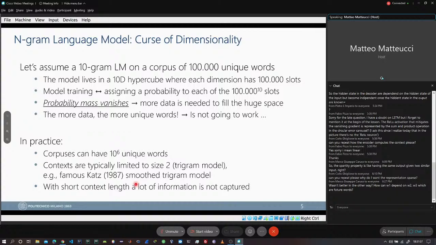The n-gram language model ideally would solve the problem of statistical NLP, but in practice it doesn't work. Why am I talking about this if it doesn't work? Because this problem is the origin of word embedding.